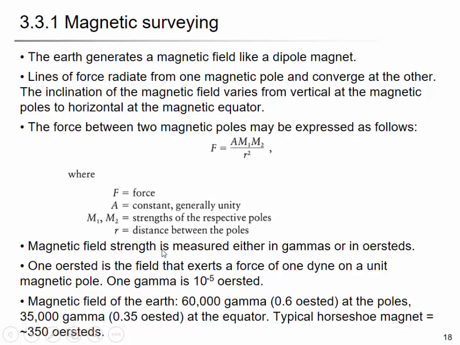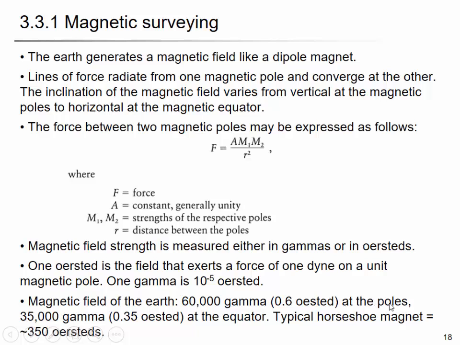And magnetic field strength is measured either in gammas or in Oersted. Okay. So 1 Oersted is the field that exerts the force of 1 dyne on a unit magnetic pole, and 1 gamma is 10 to the negative 5 Oersted.